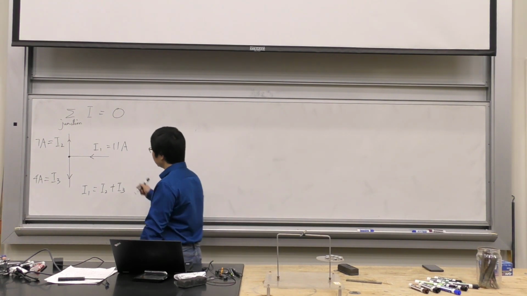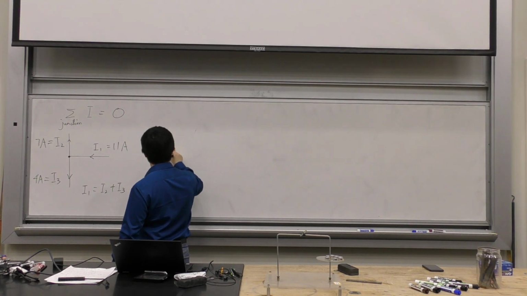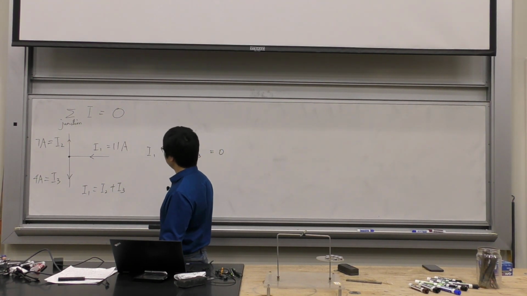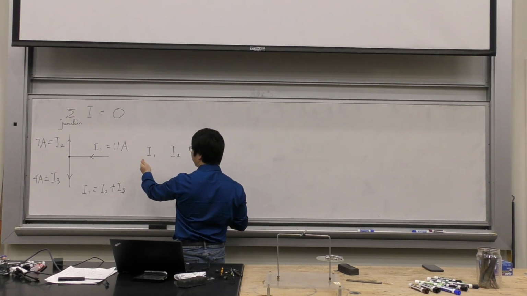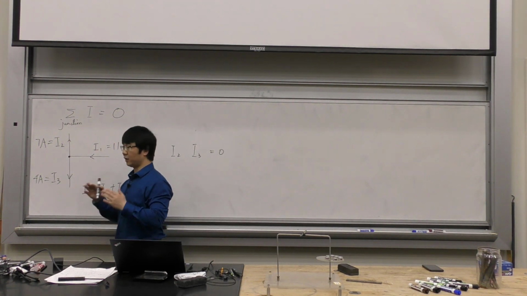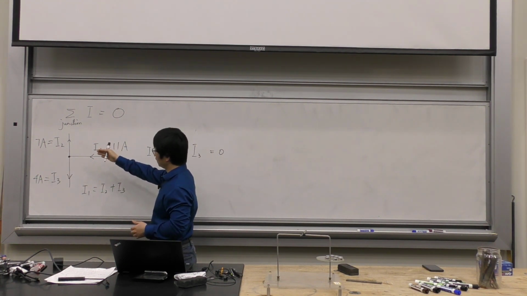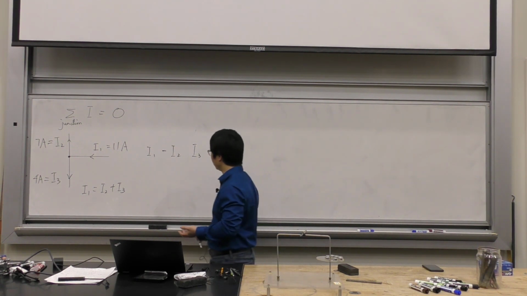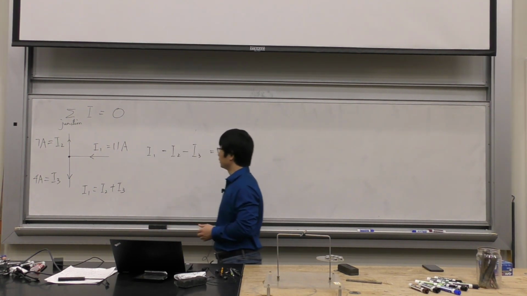So in this case, if I see a junction like this, I write down I1, I2, I3 and add them to get 0. I put all these currents on the left, but I assign them the correct signs. I1 is entering, and my convention is entering positive, so positive. I2 is leaving, so I assign a negative sign. I3 is leaving, so I assign a negative sign.